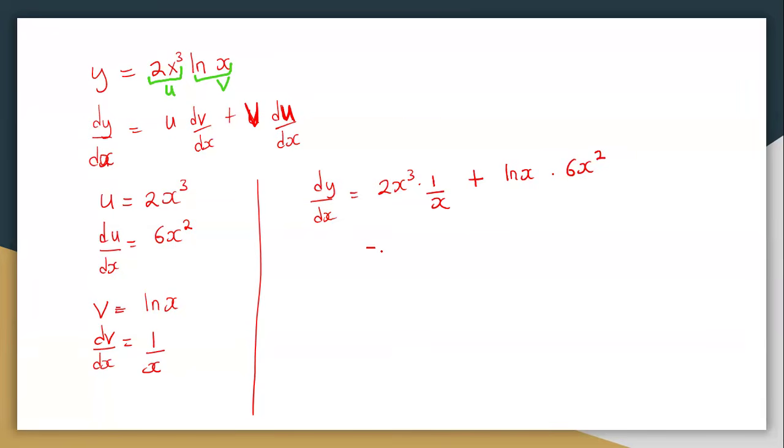So this one will be 2x cubed over x, plus the same as 6x squared ln x.